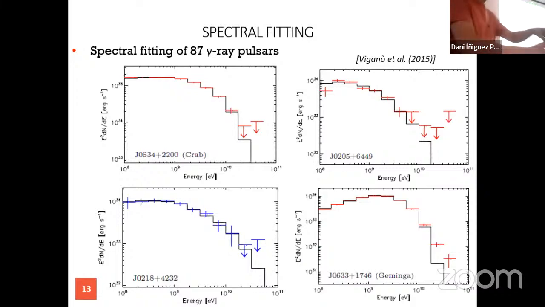The first one of these spectral fittings was done in 2016, in which a sample of 87 gamma ray pulsars with good data were fitted with our model, and the model successfully resembled these spectra quite well. These are some examples of the spectra of the fittings back then.